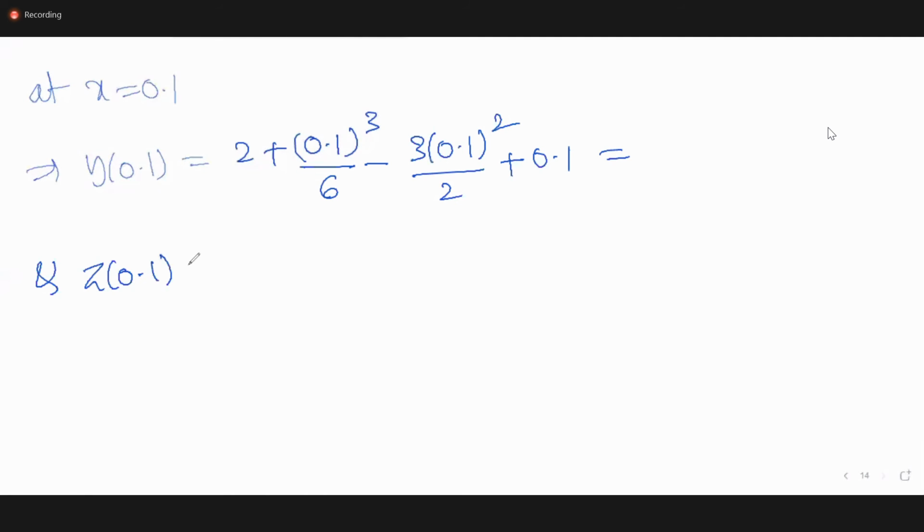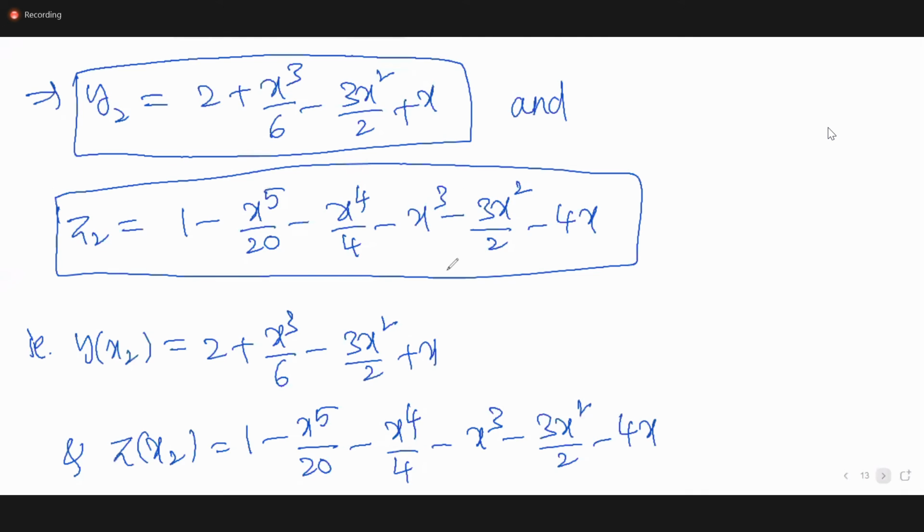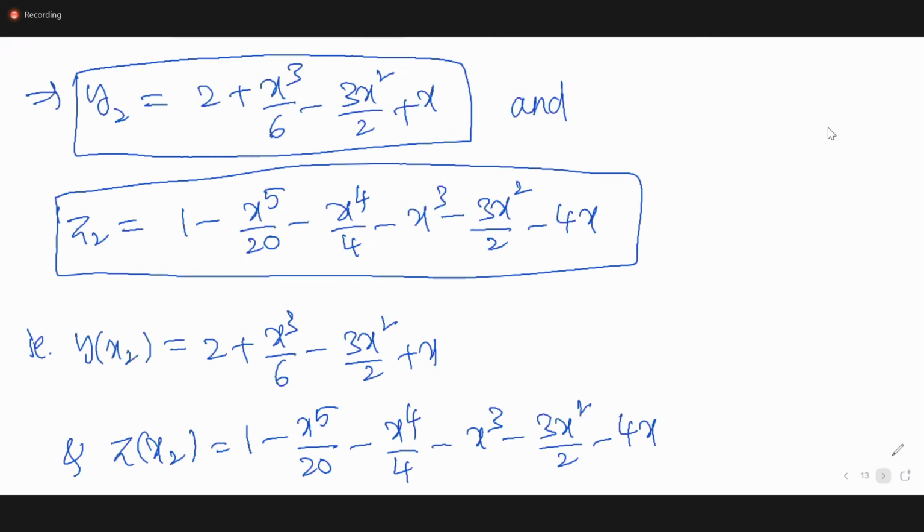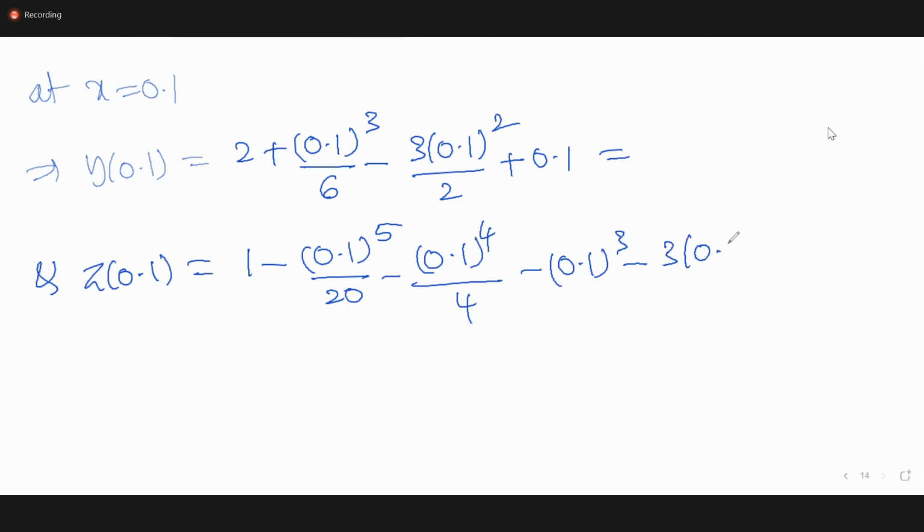And z of 0.1 is equal to 1 minus 0.1 whole power 5 by 20 minus 0.1 whole power 4 by 4 minus 0.1 whole cube, 3x square by 2 minus 4x.